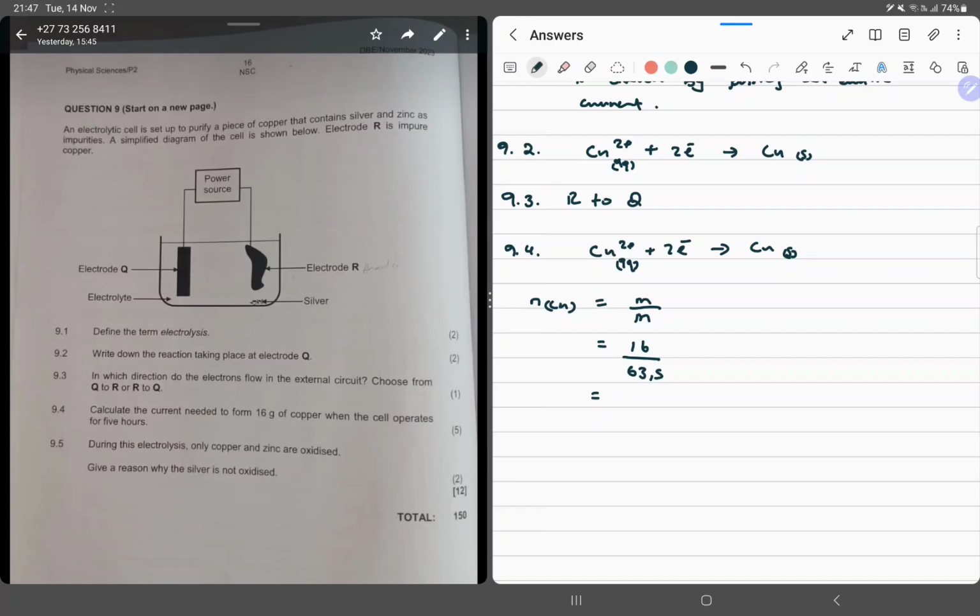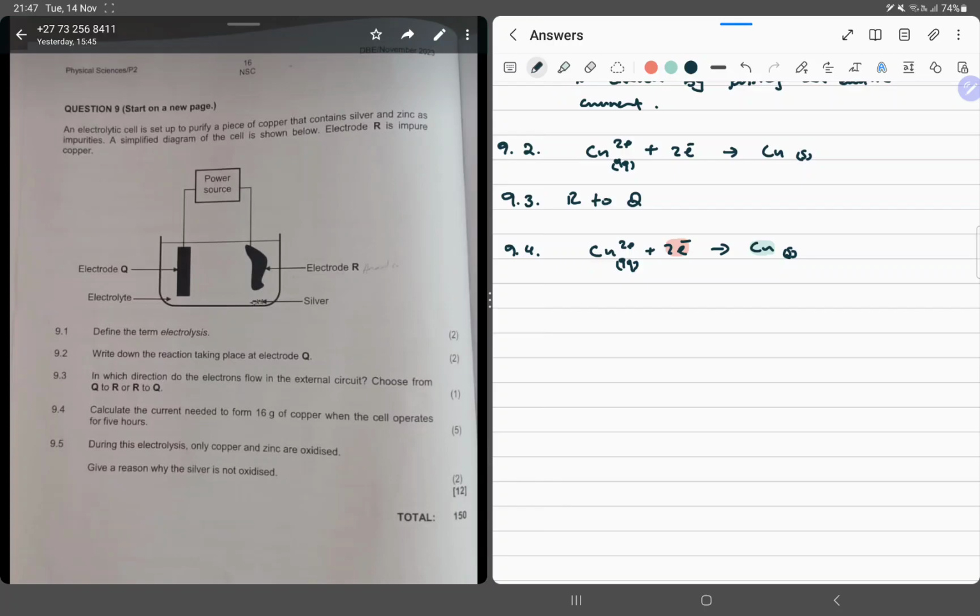So let's find the number of moles of electrons here. Obviously, I could have done it differently in one step, because I'm interested in the number of moles of electrons here. Maybe let's do that, because I don't really like wasting space and time. So what are we interested in, guys? When we talk about the current, it means we need charge. So charge means the number of electrons, because the relationship is between these electrons and this copper.